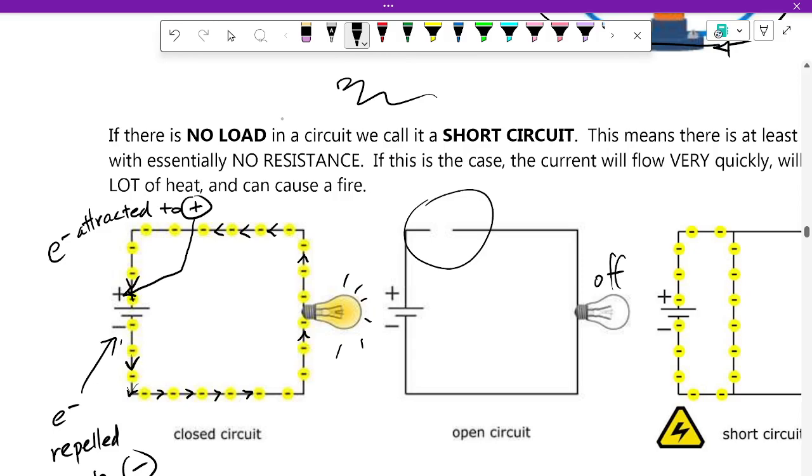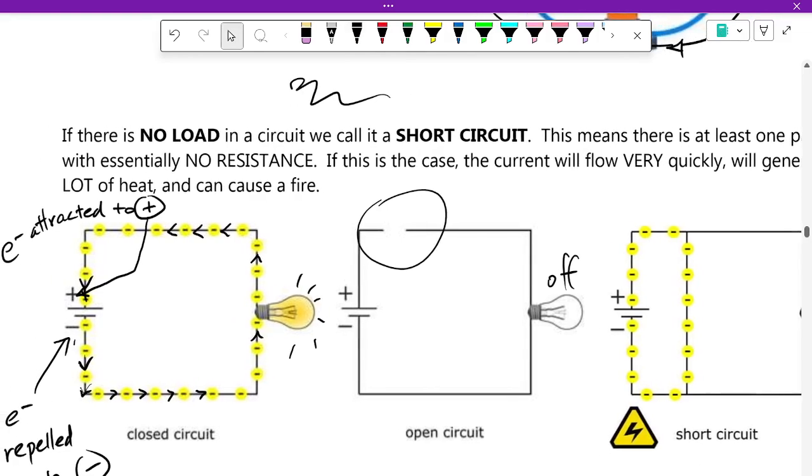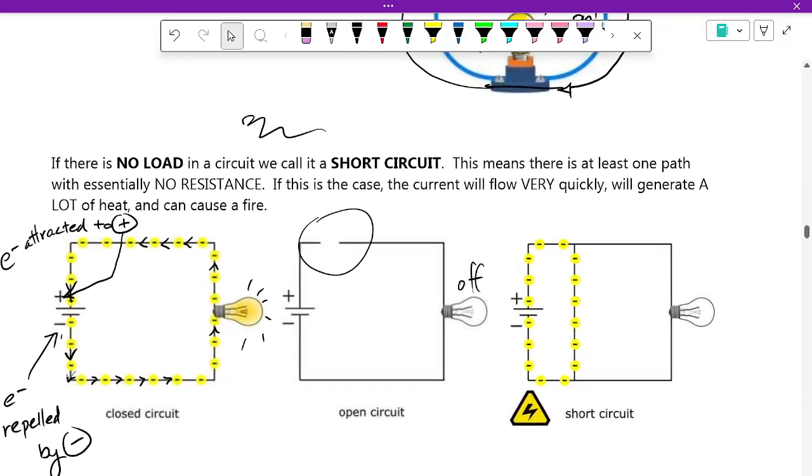Now, if I attach a wire from here to here, it bypasses the load. And here's the thing, and we have not done resistance, which we don't have time to do. But can you imagine that this pathway through the light bulb is tough for the electrons to get through?